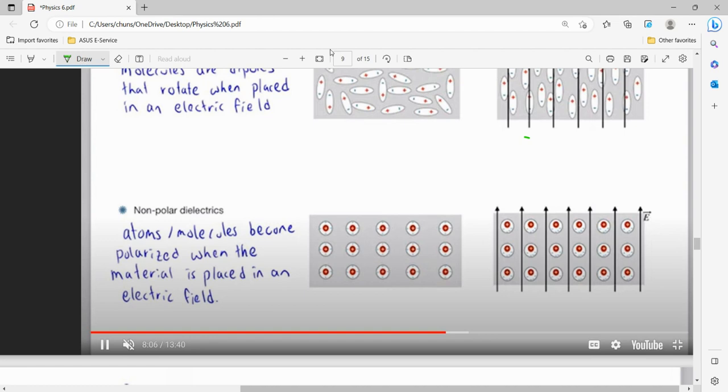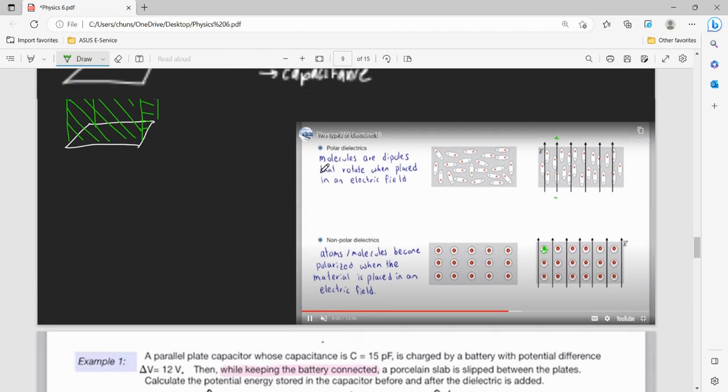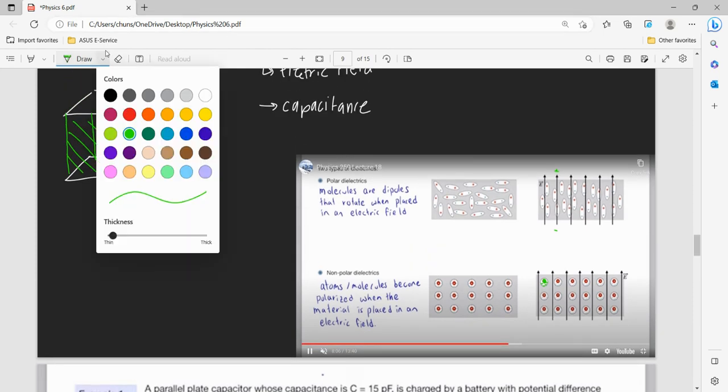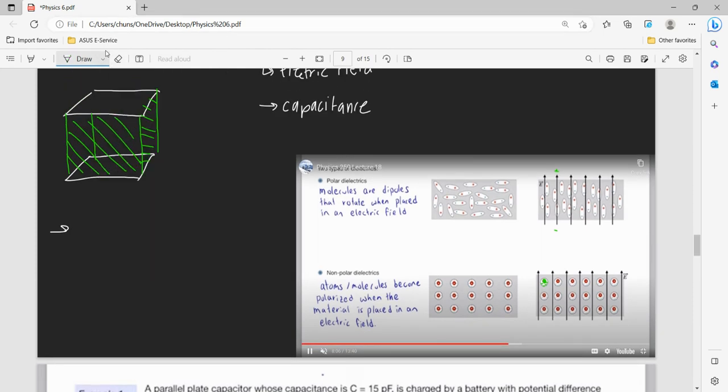And you have non-polar dielectrics. These are more like atoms, where you'll have a negative shell surrounding the positive nucleus. The electrons move closer to the back and displace the positive end further. But in either sense, dielectrics alter the way that electric field passes through.